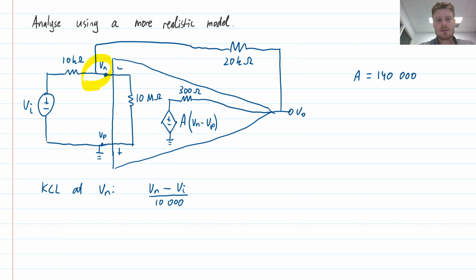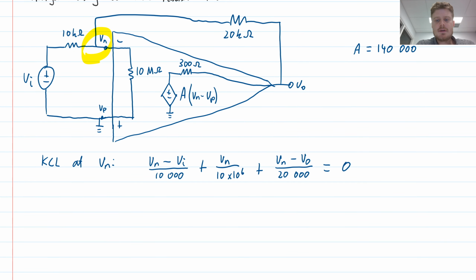The current leaving through the op amp will be Vn divided by 10 mega ohms, so that's 10 to the 6. And the current leaving through the feedback path is going to be Vn minus V0 divided by 20,000, so 20 kilo ohms. And that's equal to 0.